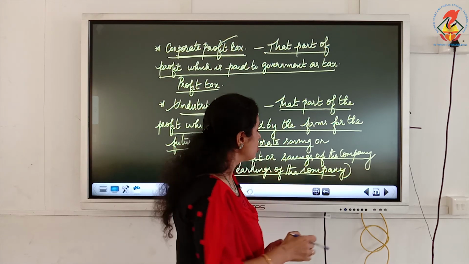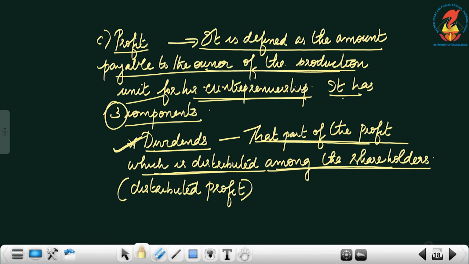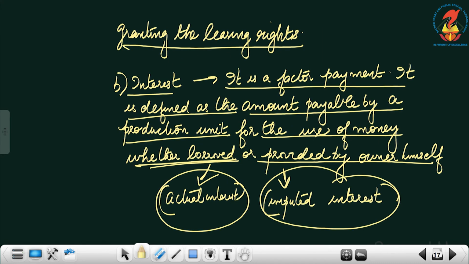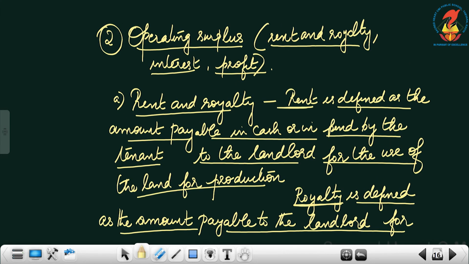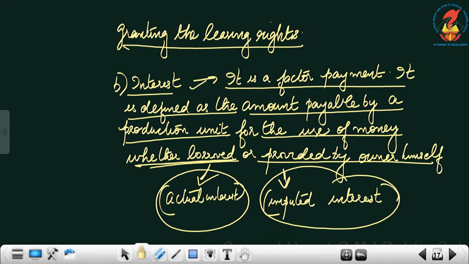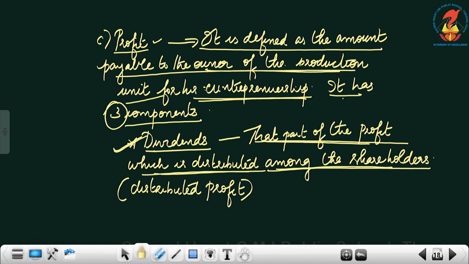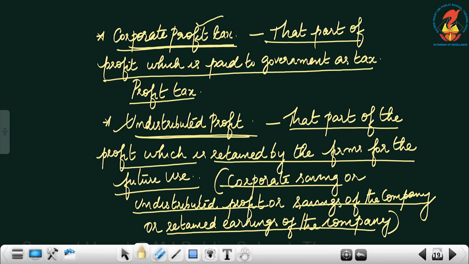So once again, operating surplus consists of rent and royalty, then it consists of interest, which consists of imputed and actual interest, and finally profit, which consists of dividend, then corporate profit tax and undistributed profit.